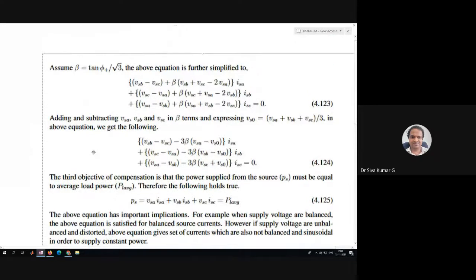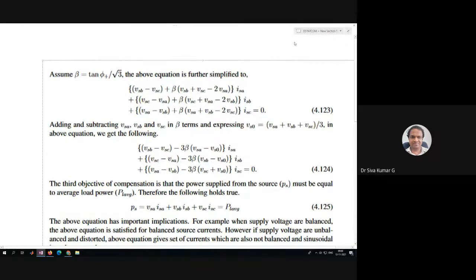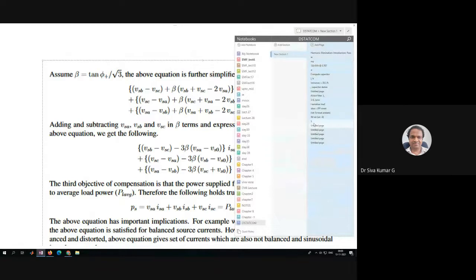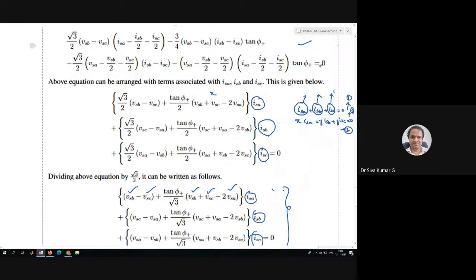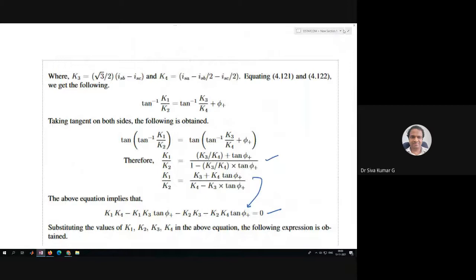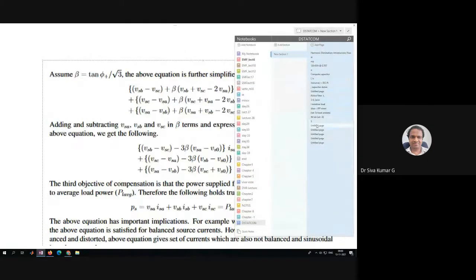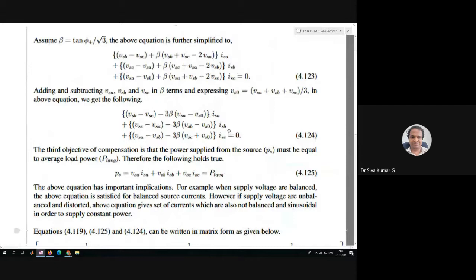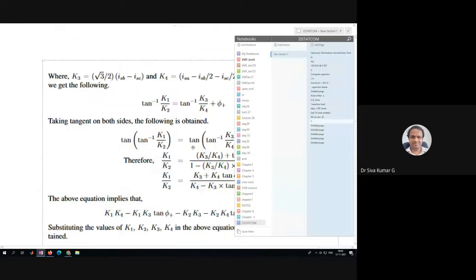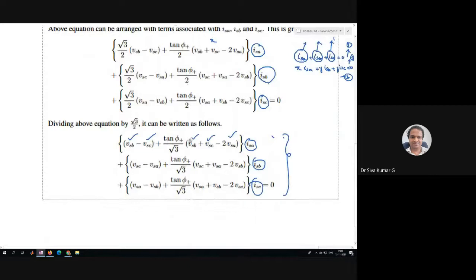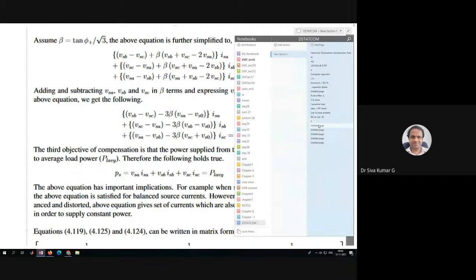The second objective, just a minute, there might be a mistake somewhere. Here they have substituted the beta as some equation of tan phi by root 3, which we got in the earlier equation. Here it is tan phi by root 3, which we are considering as beta. That is beta.